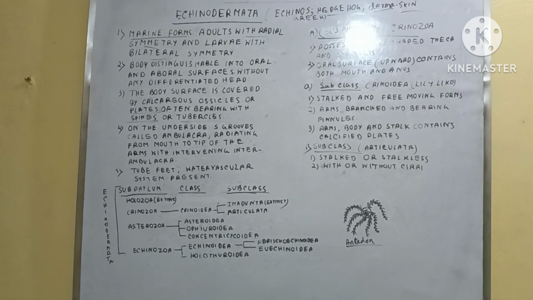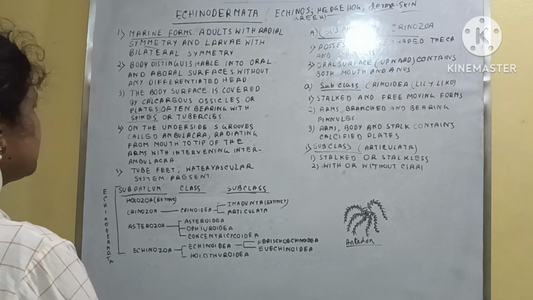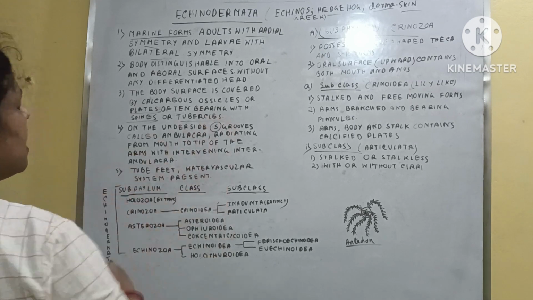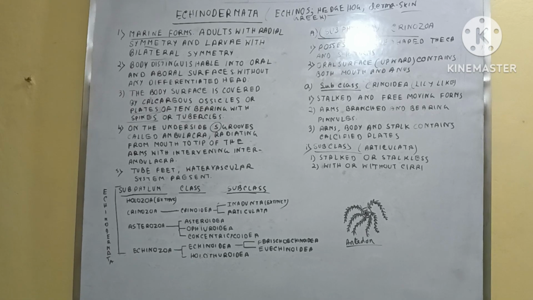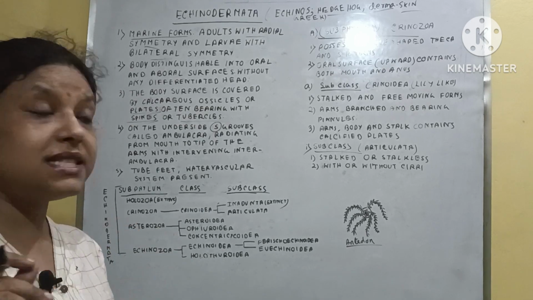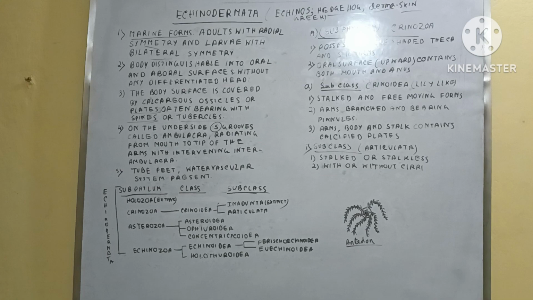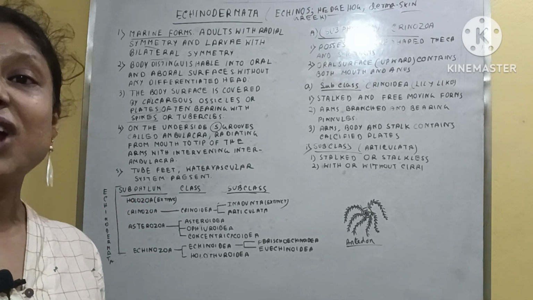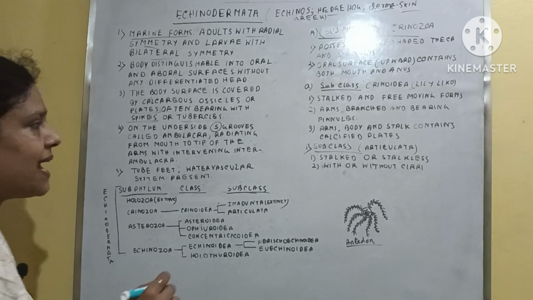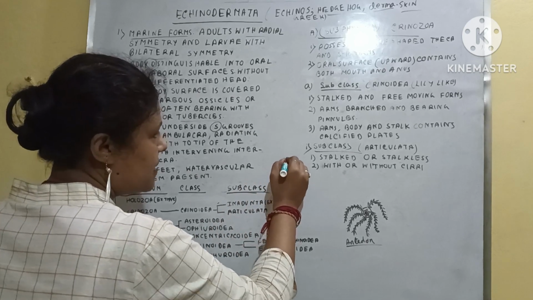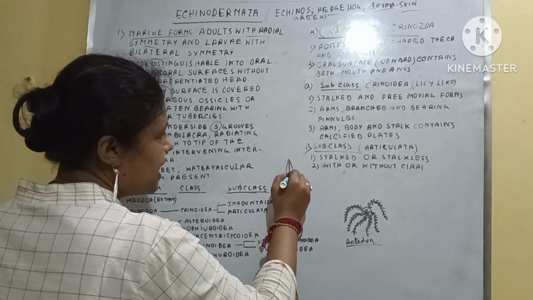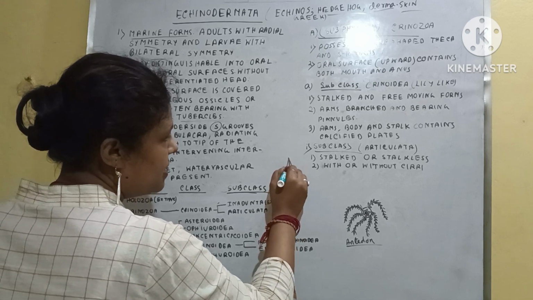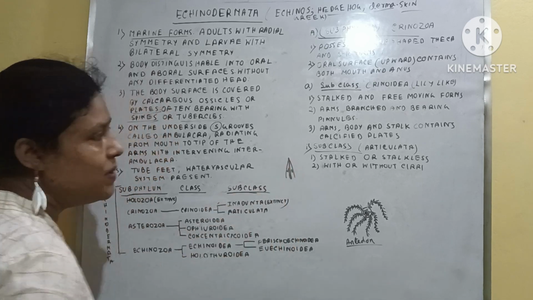The fourth one, on the underside, there are 5 groove-like structures. Actually, if you carefully see an asteroid, that means a starfish, you can see there is a ridge-like structure. That means if this is an arm, there is a ridge-like structure, and on both sides there are groove-like structures.